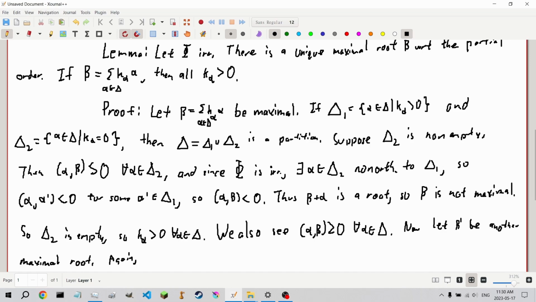Again, so we notice that beta, and thus beta prime, must have a root alpha with the inner product being strictly positive.